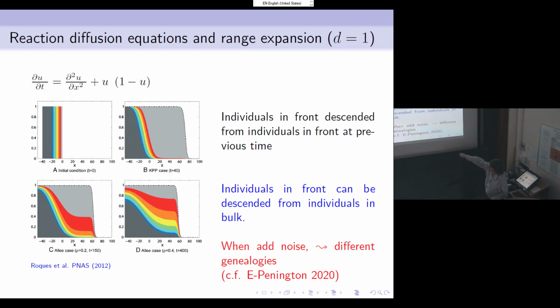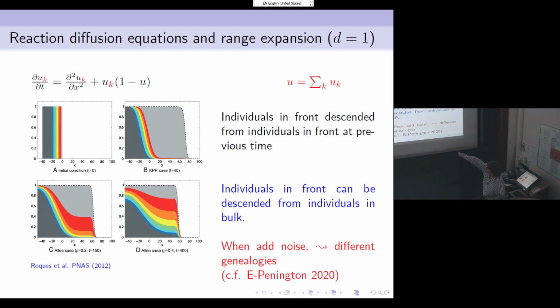What they've done is they've split the left half line into a bunch of intervals, and they've divided the solution to the Fisher-KPP equation into a bunch of solutions u_k, where u_k is the solution started from the indicator function of the kth of these intervals.